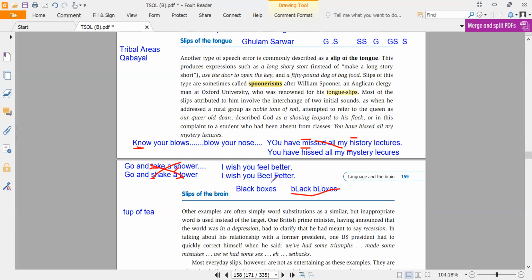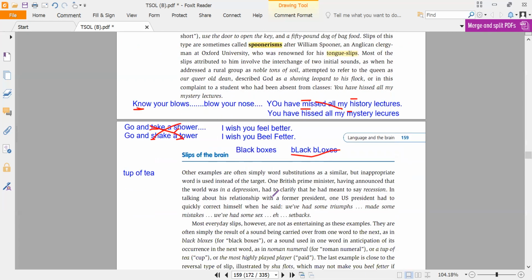The sound is carried from the word black to the next word. Then replacing the initial consonant of a word by the initial consonant of another word is the example of cup of tea, instead of saying cup of tea.